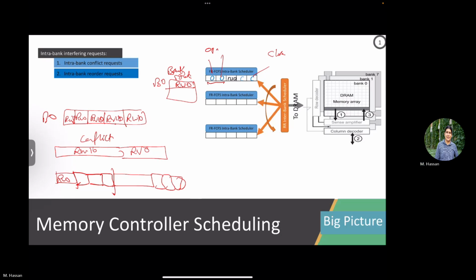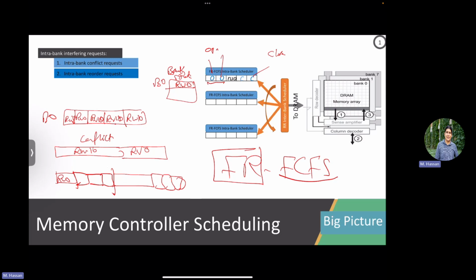Great. So what does first ready, first come, first serve do? We already discussed the first ready part, which is you prioritize the row hits to the open row. Now the question is, what if I don't have any row hits? What do I do? Everything is just a conflict. Then you go back to the normal first come, first serve, right? Whatever arrived first, serve it first. Then there is another question.